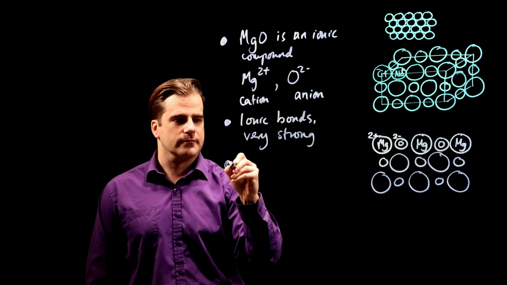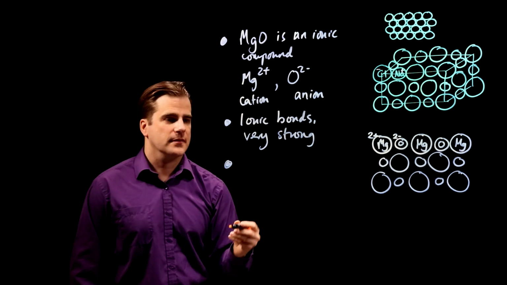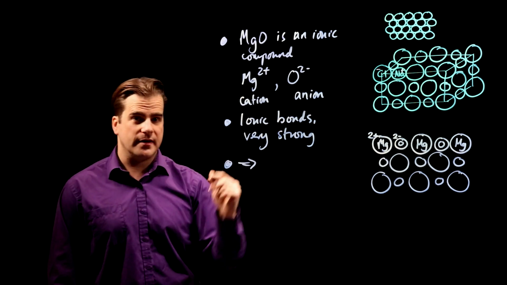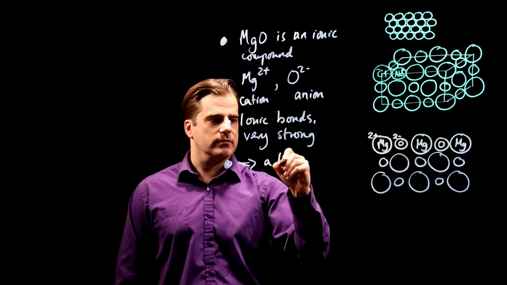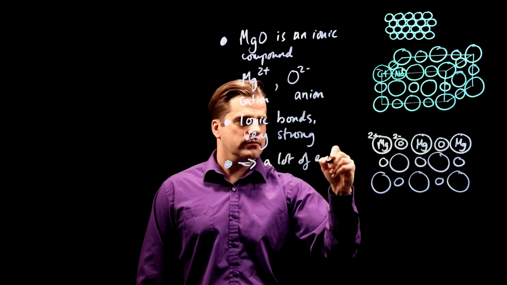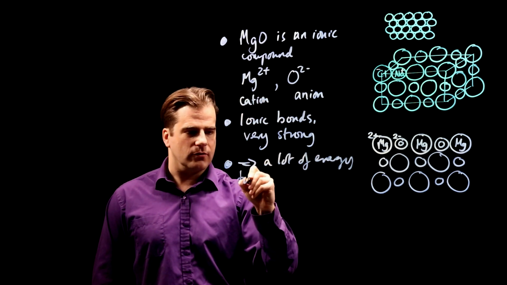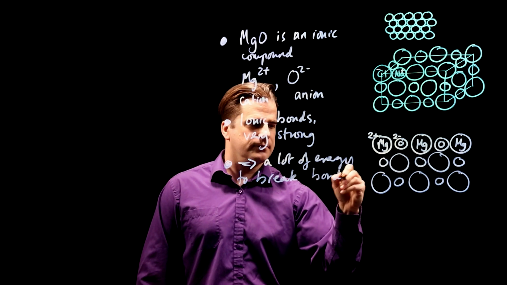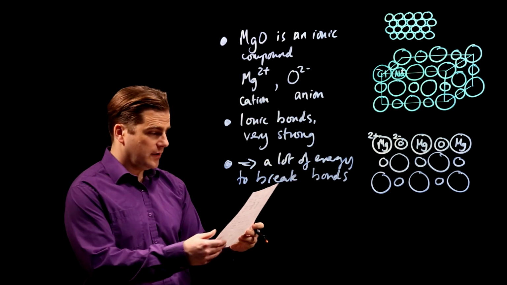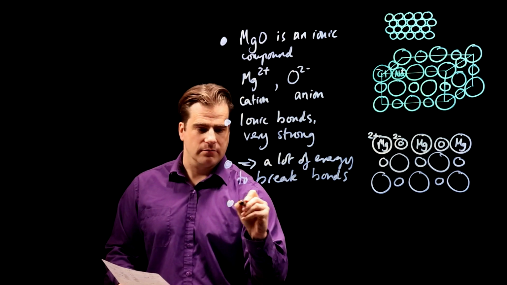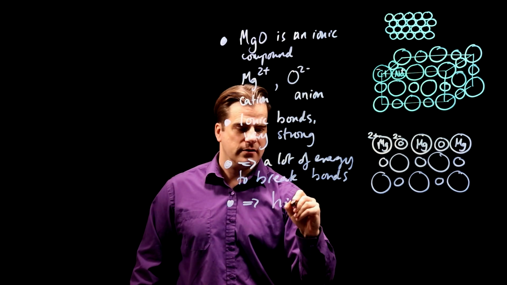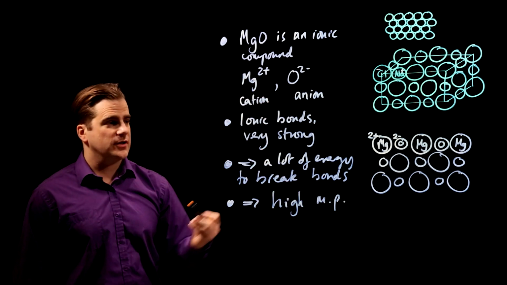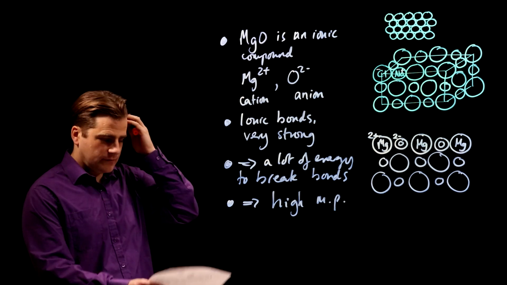Therefore, you need a lot of energy to break these bonds. And therefore, the melting point is high. Therefore, high melting point. Okay? That should get you the 3 marks. Good.